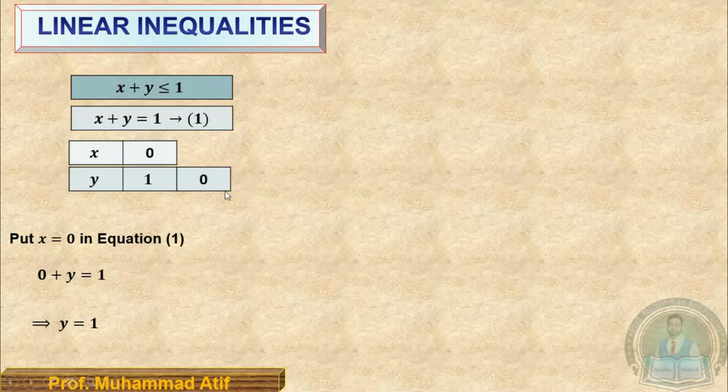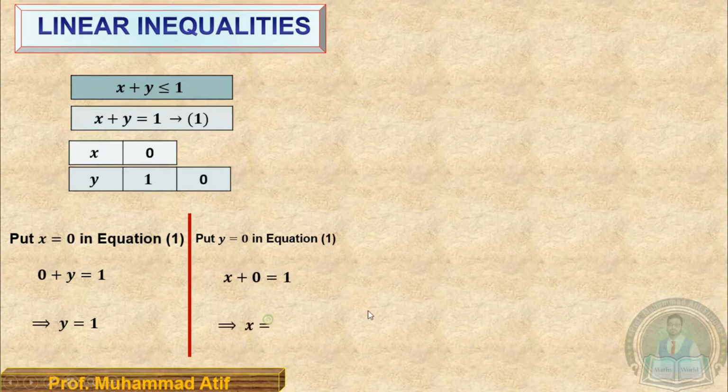And another one is put y equal to 0, then what is the value of x? x is equal to 1. So in order to draw a straight line graph, you can take only 2 points: first replace x by 0 and second replace y by 0.